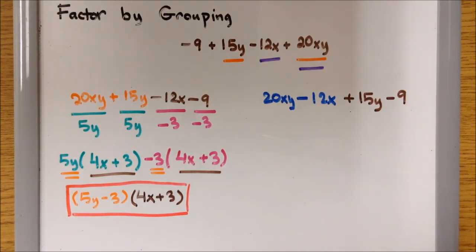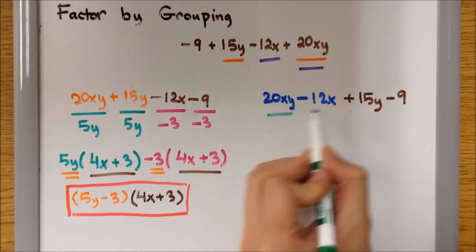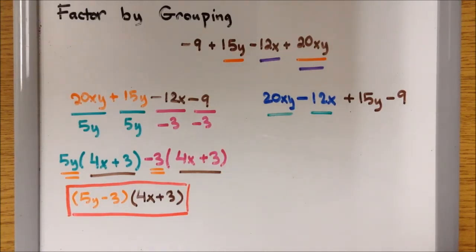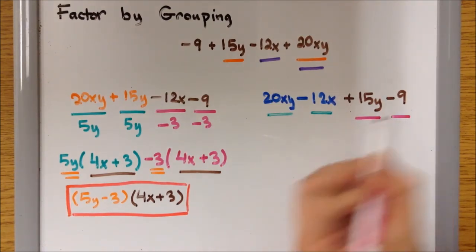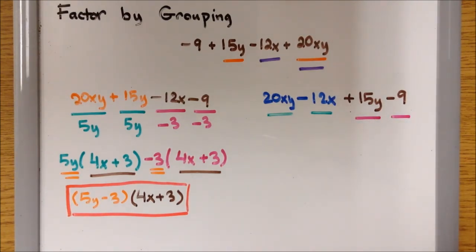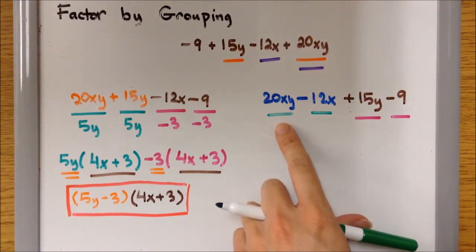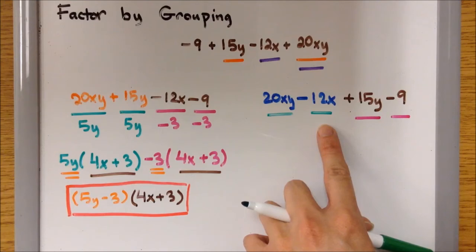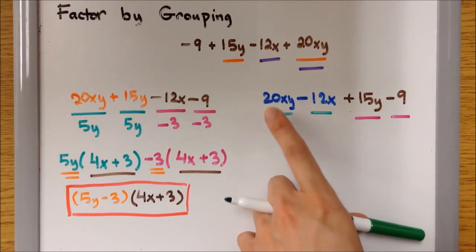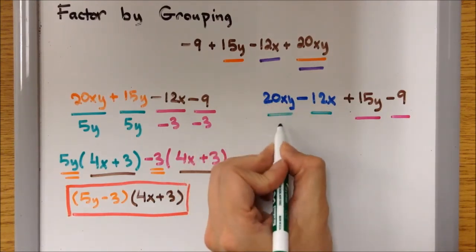Alright, so here is my left side, and then here is my right side. So the greatest common factor on the left side is the number and the variable. In this case, what's common between 20 and 12 is 4.